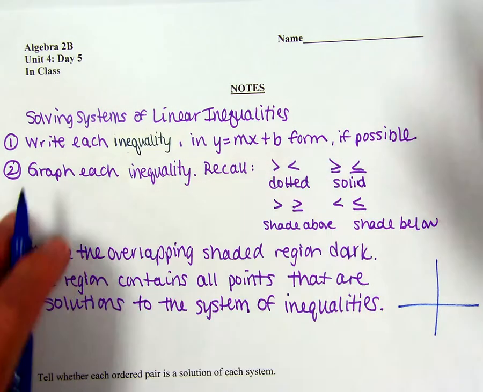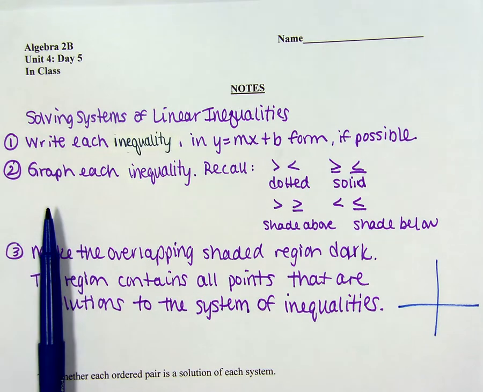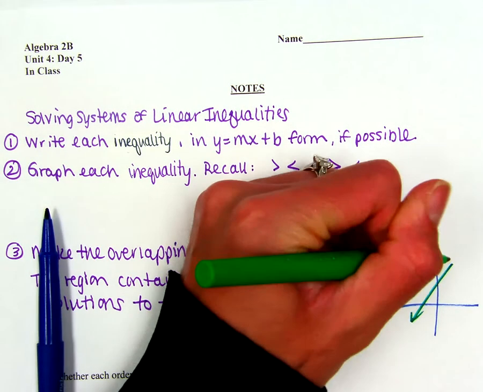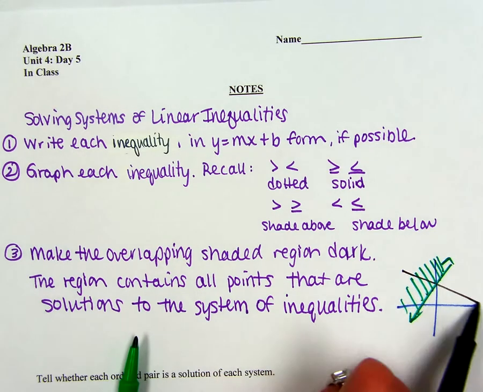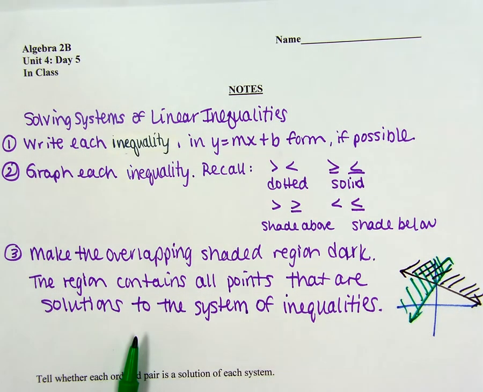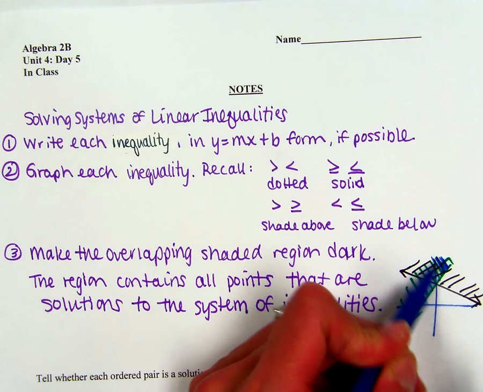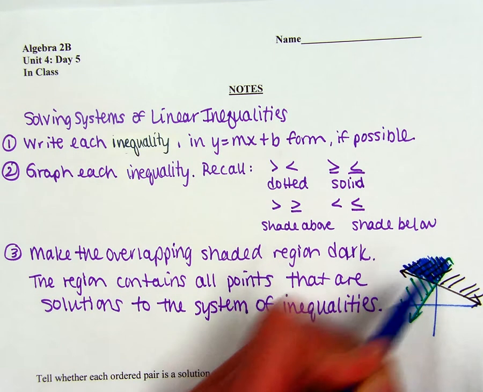Once you have one shaded region and another shaded region, so let's just say we have our graph here, and we have one equation here that goes this way, and another equation here that goes this way. So notice that you have your two shaded areas that touch each other right here. We're going to make this section really dark because we want to know what is the actual solution to the system of inequalities.